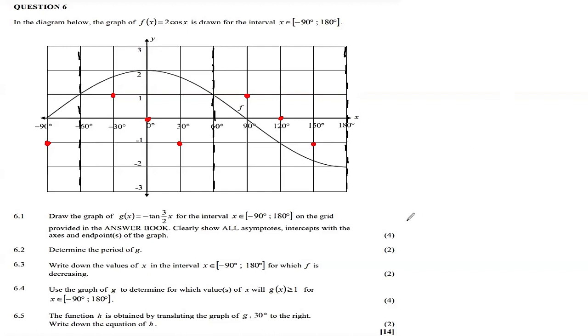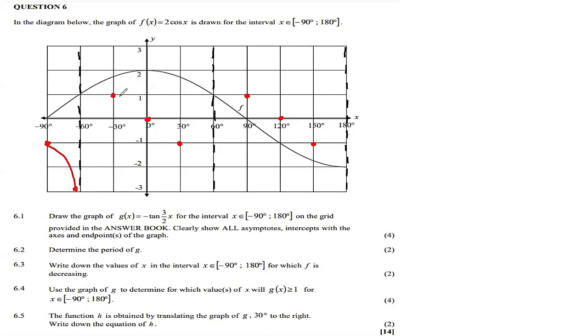Now, at this point, all you have to do is join these points so that you form your tan graph. Because we can see from the equation that this is negative, we know that this graph has been reflected over the x-axis. So that means now it has to start from below. Originally the mother graph starts by going upward, but this has been reflected over the x-axis.